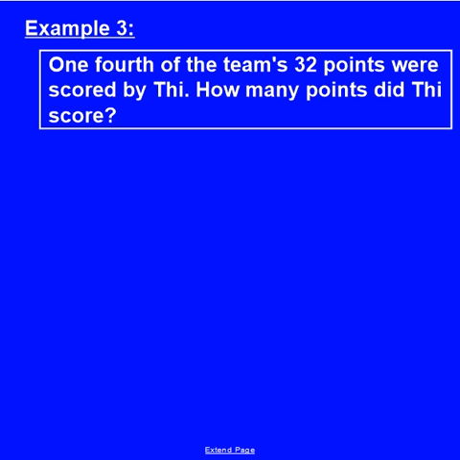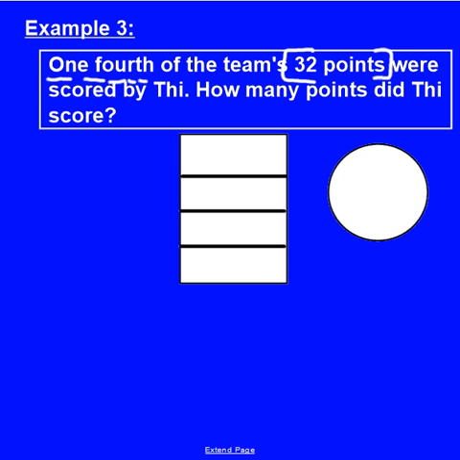I hope this is starting to make sense that whenever you have a word problem that has a fraction and a whole, I'm going to split that whole up into however many parts is in my denominator. So 1/4 of the 32 points were scored by Dee.